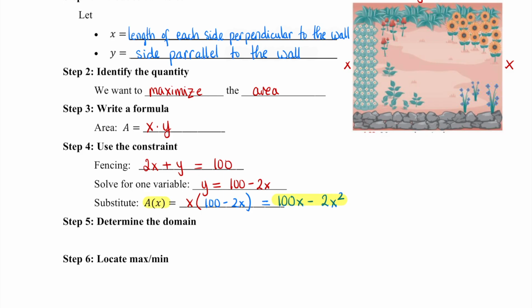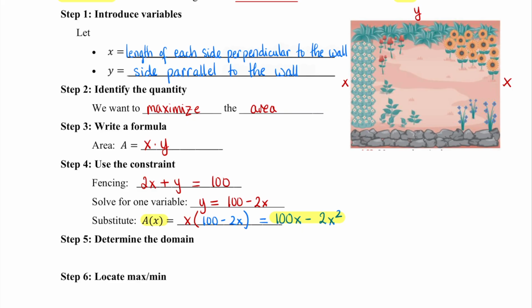Now let's talk about the domain. Both x and y must be positive because they represent lengths. From this equation, y equals 100 minus 2x. y must be positive, so that means 100 minus 2x is also positive. And I solve for x from here.